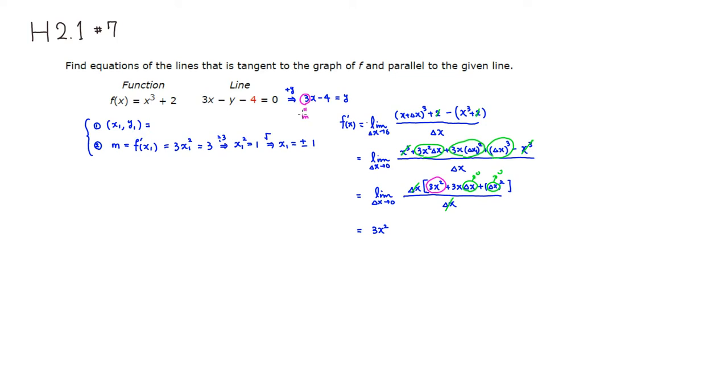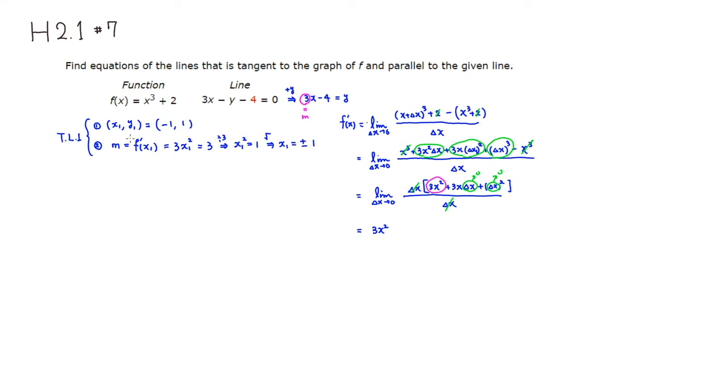So we actually have two separate values. I'm going to call this tangent line number 1, and x1 is negative 1. If you plug negative 1 into the original function, negative 1 cubed is negative 1, plus 2, so it's going to be 1. That's tangent line number 1.